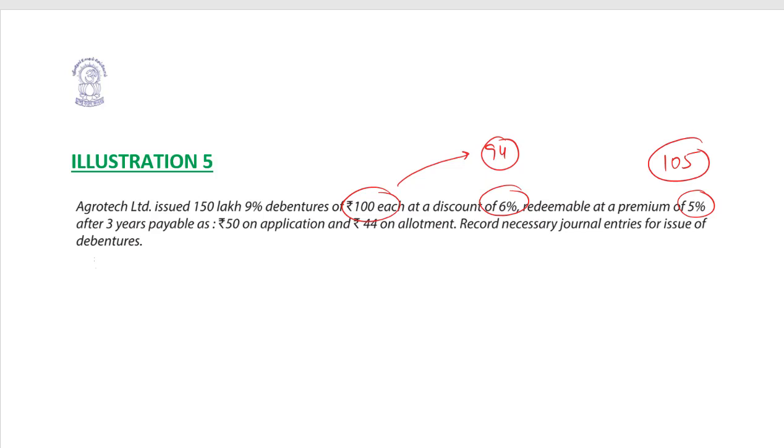So at the time of redemption they paid 5 rupees extra. This 5 is a loss, and at the time of issue they issued at discount, so a loss of 6. 6 plus 5, 11 rupees loss. After 3 years, payable is 50 on application, 44 on allotment. Record the necessary entries for issue of debentures.